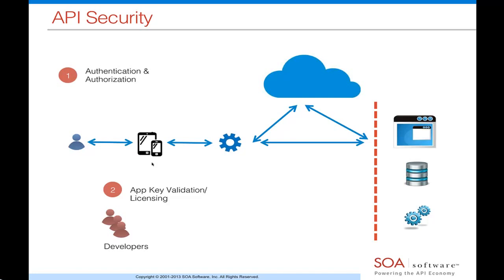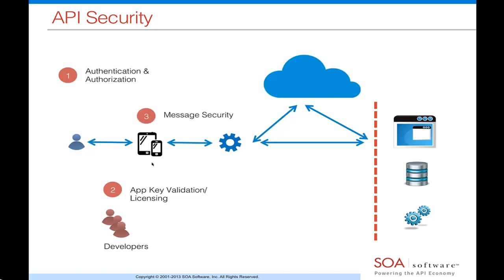The second one, which probably comes before the first, is app key validation. The developers who are developing these apps need to be provisioned access to your API. For that, you need to provision an API key to them and license it. You need to restrict what specific aspects of your API they can access.